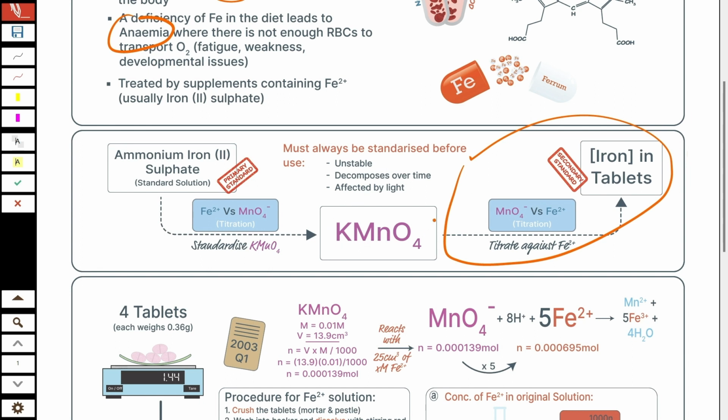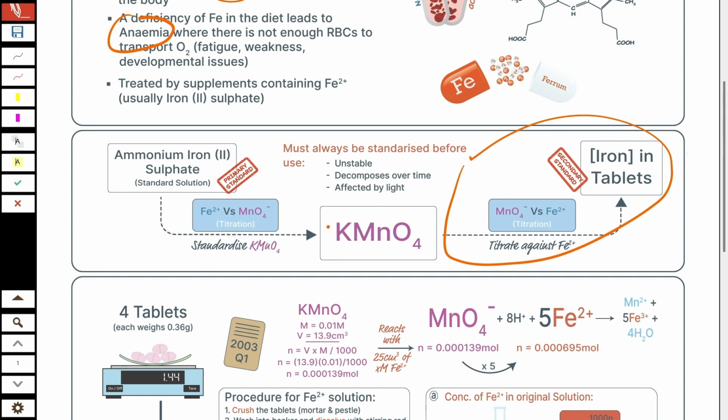But of course, the KMnO4 itself is not a primary standard. Why? Well, KMnO4 is unstable, it decomposes over time, and it's affected by sunlight. This is a key point to remember: whenever we have a solution of KMnO4, it has to be standardized right before we use it to standardize our iron tablet solution.